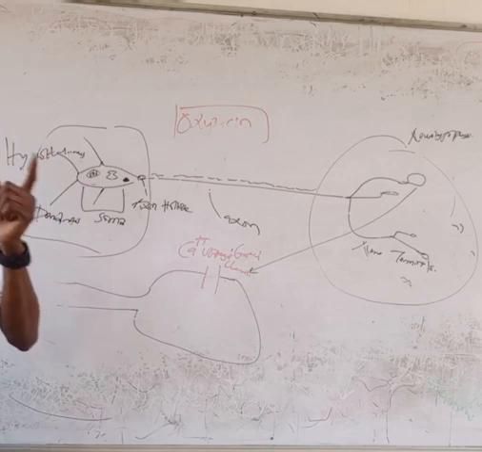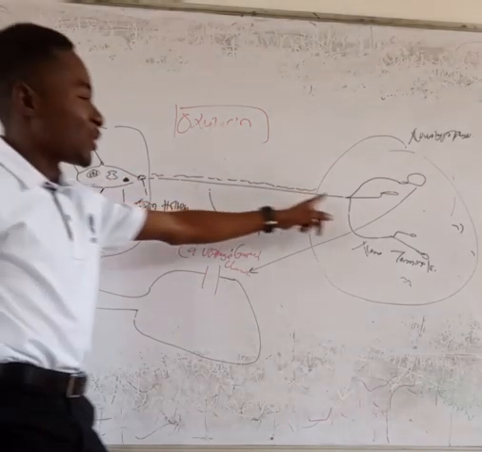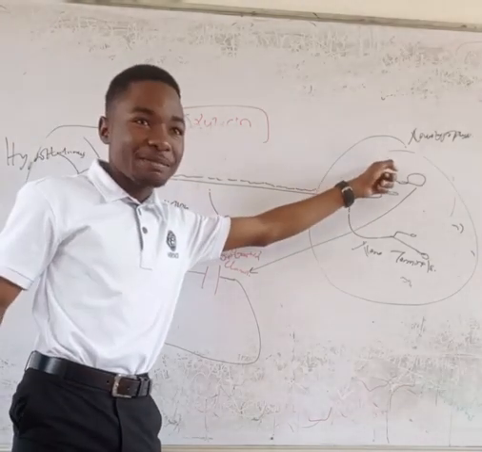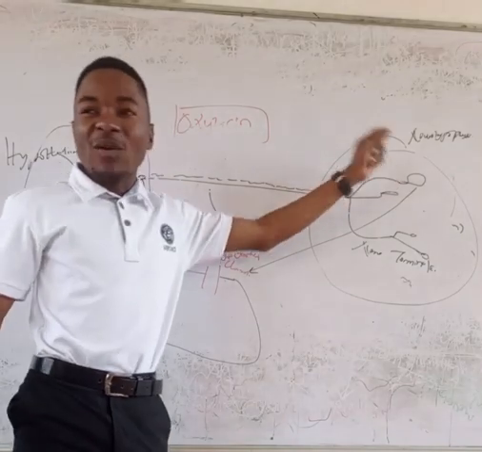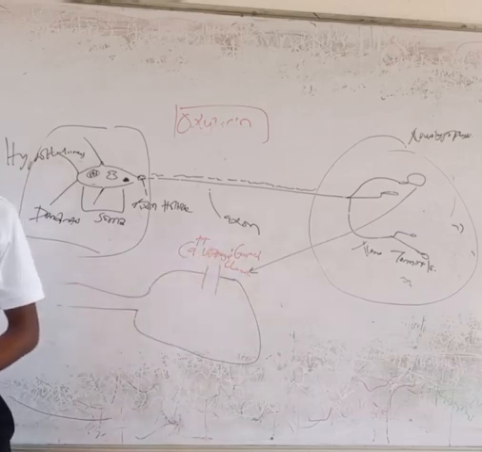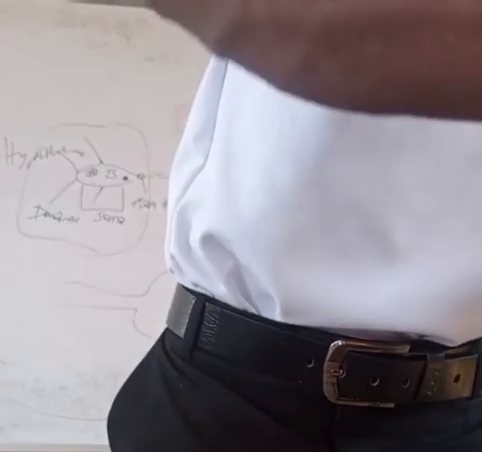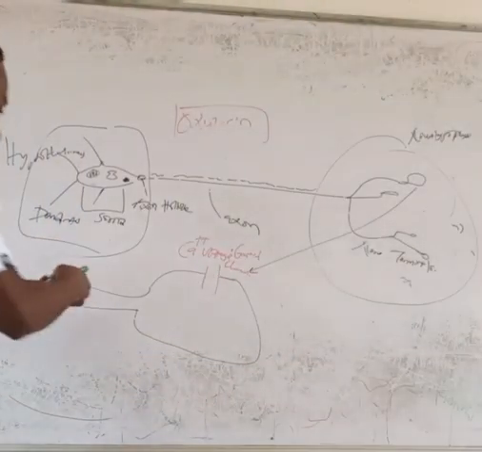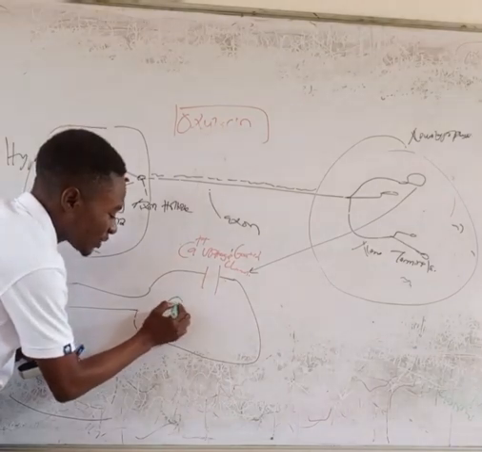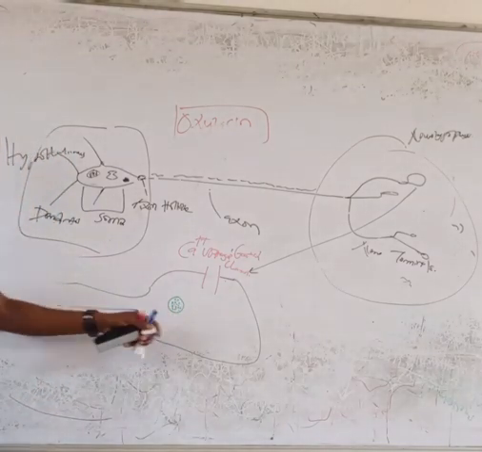It only opens whenever there is a voltage, which is an action potential. So as the action potential moves along the axon and approaches the terminal, it triggers the opening of this channel. But remember what I told you, this same terminal stores what? The vesicles that consist of what? Acetylcholine, the neurotransmitters, anything that was produced in the soma is stored in the vesicles here.